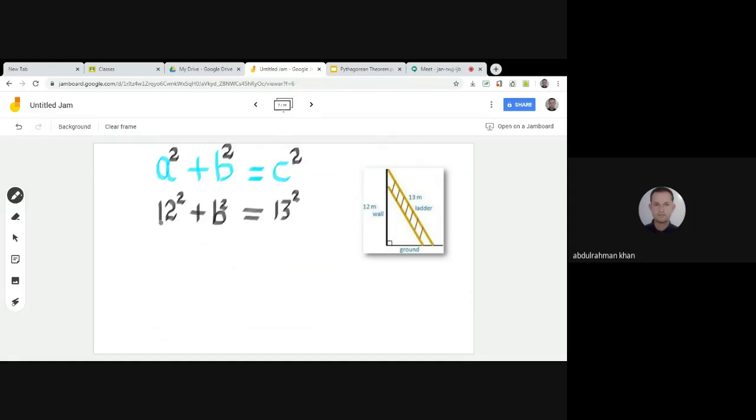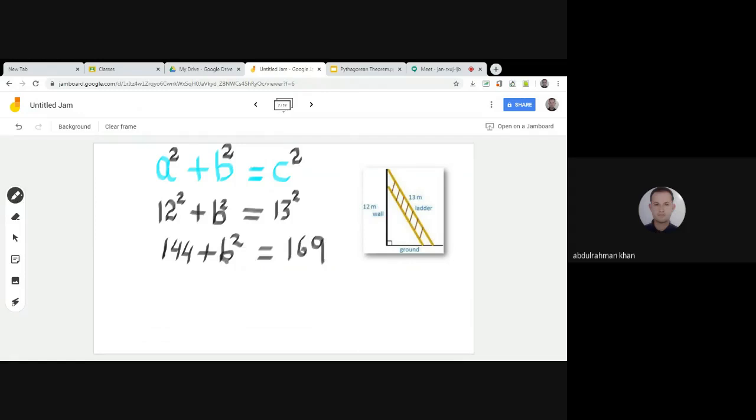Now by using the calculator, 12 power 2 is 144. 12 square means 12 multiplied by 12, plus b square equals 13 square. By using the calculator, it's 169.